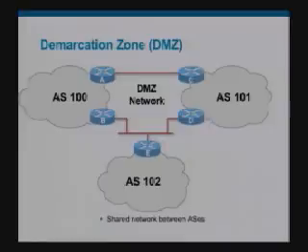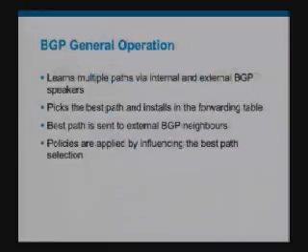Or it could be something like this, where you've got a shared media, this could be Ethernet, where 3 autonomous systems connect to each other. Again, nobody owns it, or it's owned by somebody else, or it's jointly owned. So that's a demarcation network. Generally, that's what folks around the industry call it.